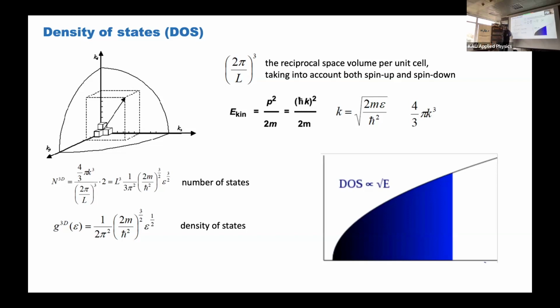We can say only an interval, so it can have some range of energies. And in this reciprocal space, the electron will sit in some volume, 2π divided by L. This volume comes from the uncertainty principle, and we can say that it sits in some small volume in this reciprocal space.